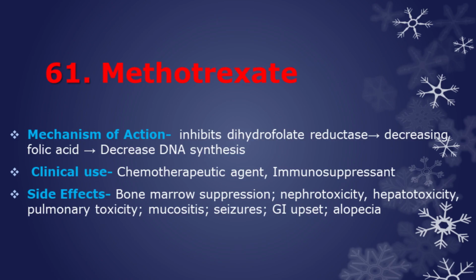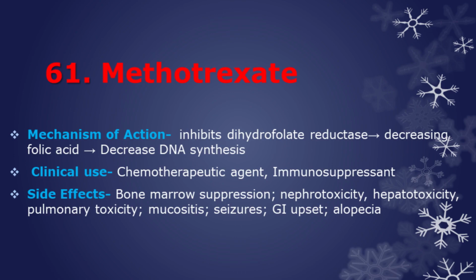First drug is methotrexate. Methotrexate inhibits dihydrofolate reductase, the enzyme that transforms folic acid to the active form, resulting in decreased DNA synthesis. It is a chemotherapeutic agent used to treat a variety of malignancies, for example ALL, lymphomas, breast cancer, head and neck cancer, osteosarcoma, choriocarcinoma.